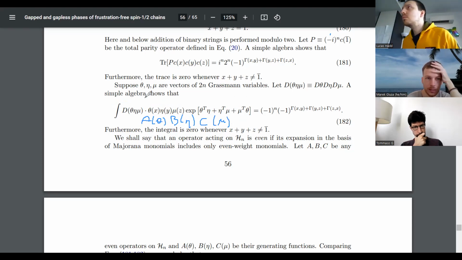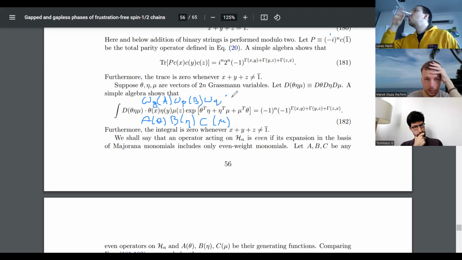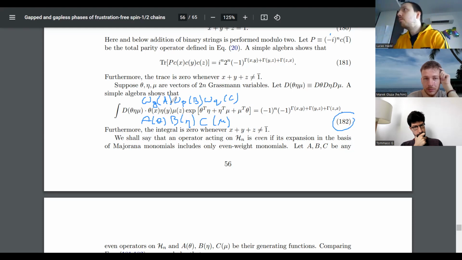So those would be those characteristic functions. I like better the notation of taking the operator and mapping it to, for example, G, omega P of B, omega Q of C. So this formula here is already what it achieves.